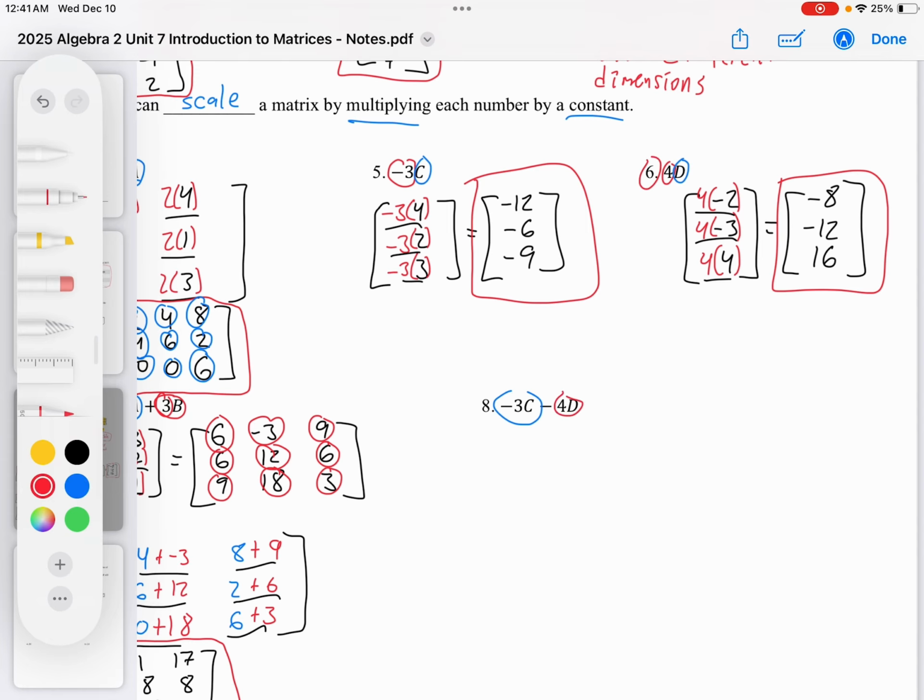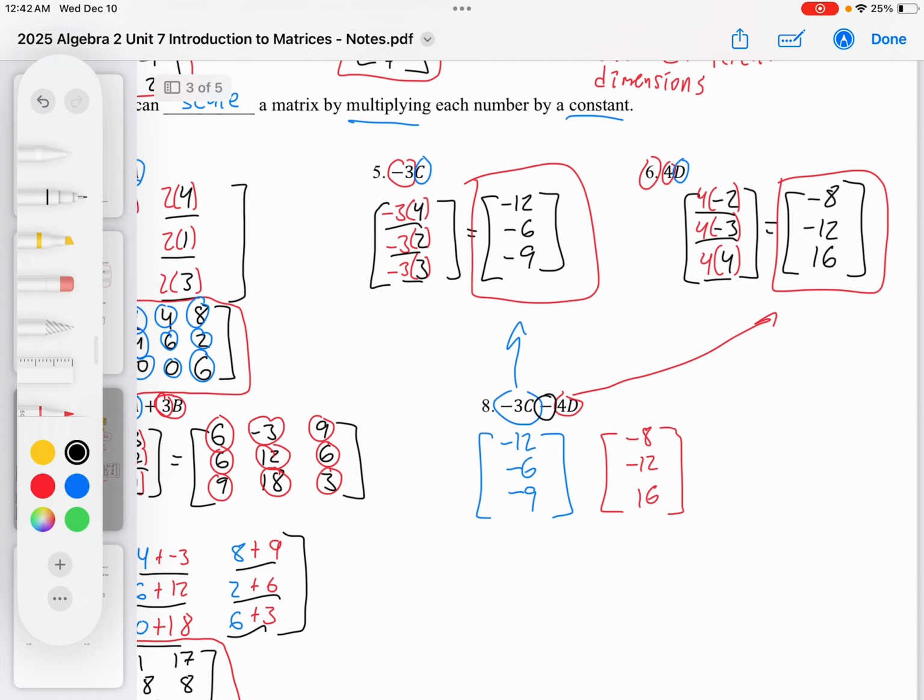We have -3c right here. That is -12, -6, -9. And then we have 4d with -8, -12, 16. And then this problem tells us that we should subtract those two.